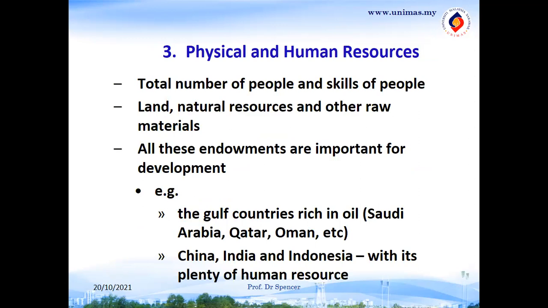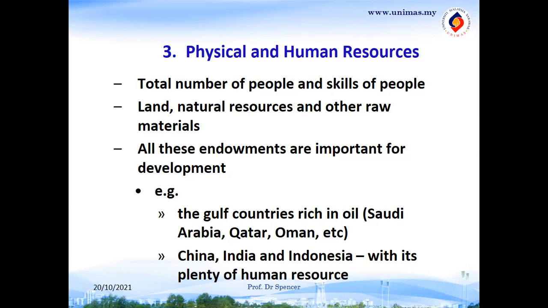The third diversity is in terms of physical and human resources. Okay, we've seen just now in terms of the size of the population, the physical and human resources refers to the total number of people and also the skills of the people as well. Ini juga termasuk tanah, land, natural resources and other raw materials that you can find in the country.